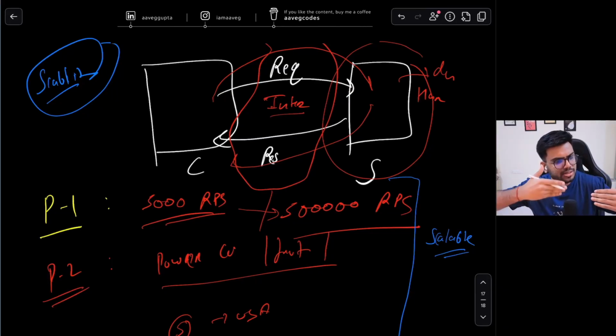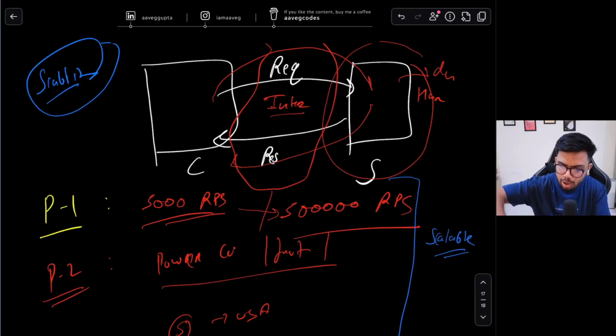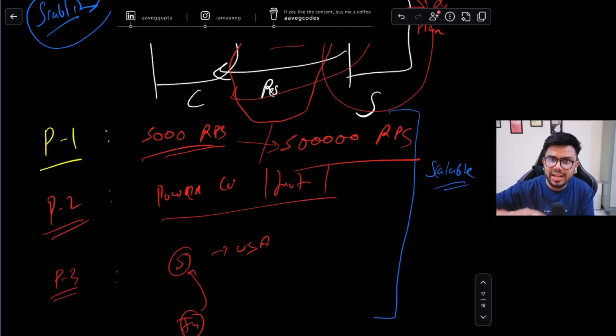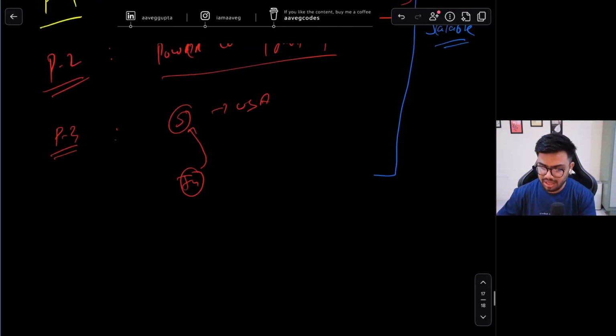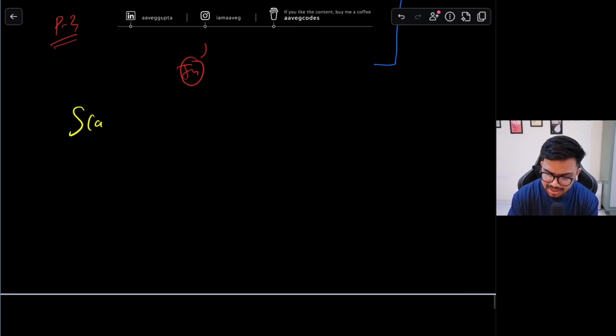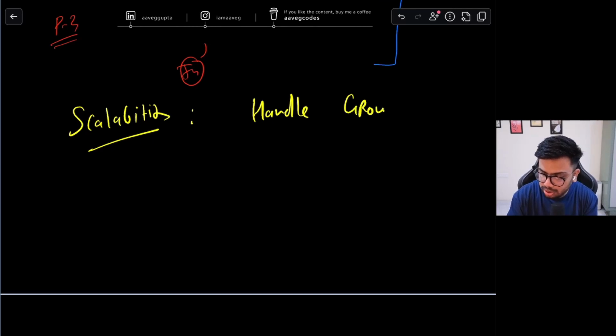Growth means, of course, a huge amount of traffic coming in. If any of these problems occur, your system should be able to handle it without any failure. I'm giving a very simple definition of scalability: it is the ability to handle growth without any failure.